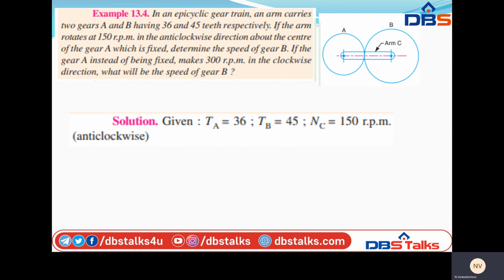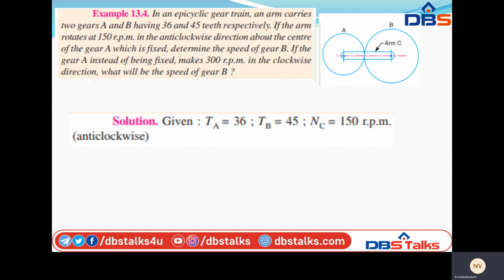Here, if you clearly observe the problem, there are two conditions presented. What are the two conditions? One is, if the gear A is fixed, what will be the speed of the gear B? That is the one condition.